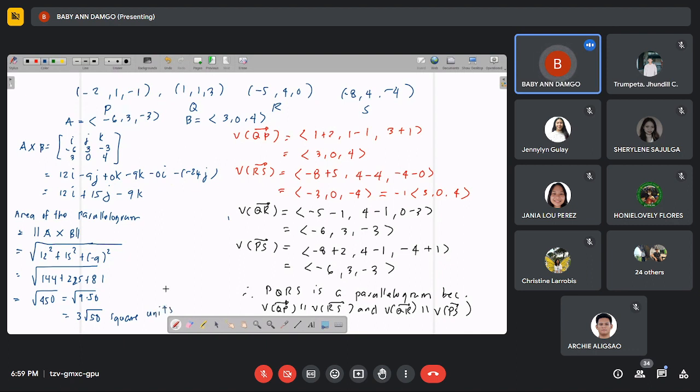Okay, so actually the answer of JED from BS Stat 21 is still correct for checking that PQRS is a parallelogram. But for the area of the parallelogram, what you solved, JED, is this one. So you still need to solve the magnitude of the vector to get the area. Okay? So question?